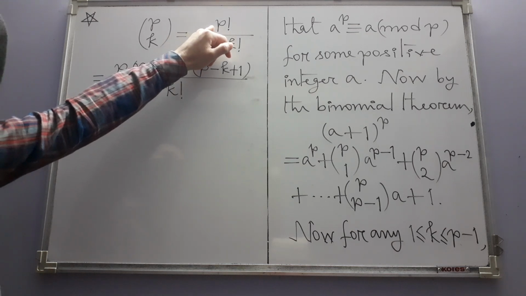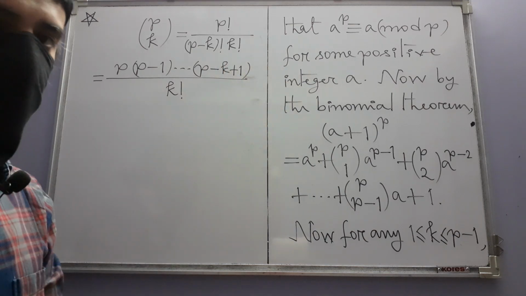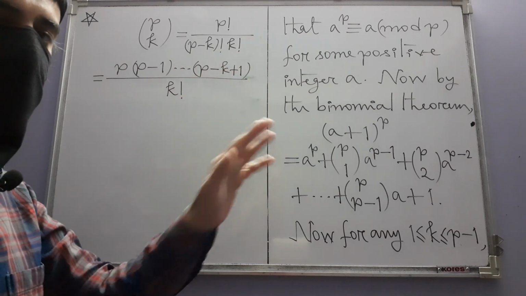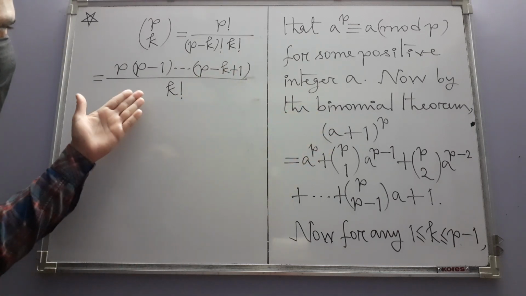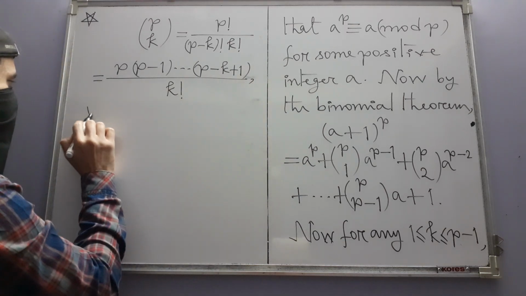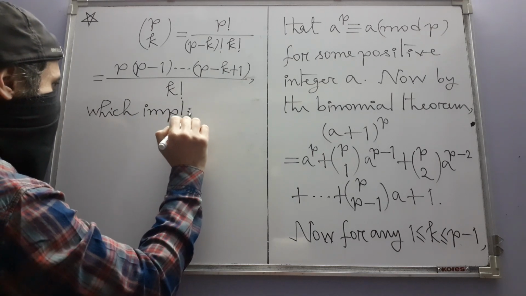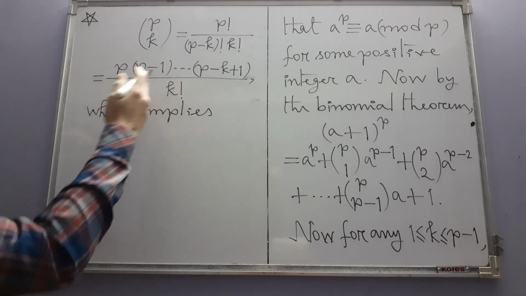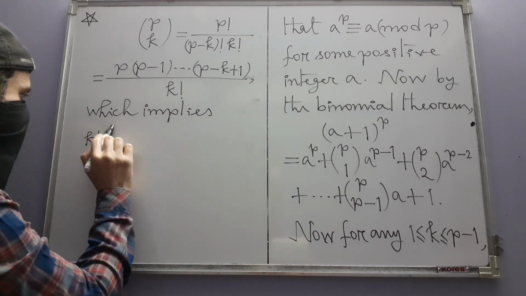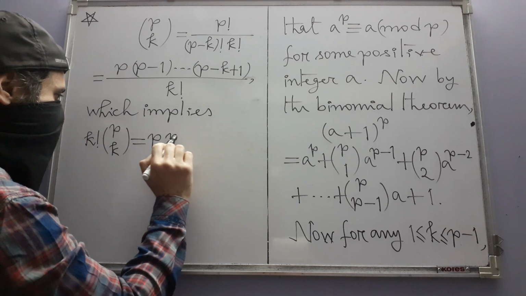It's the fact that you can write p factorial as this product times p minus k factorial, because then p minus k factorial gets cancelled from the numerator and denominator and we are left with this. So from this, what do we get? Which implies, if you now multiply both sides of this equation by k factorial, you will get k factorial times p choose k is equal to this product.